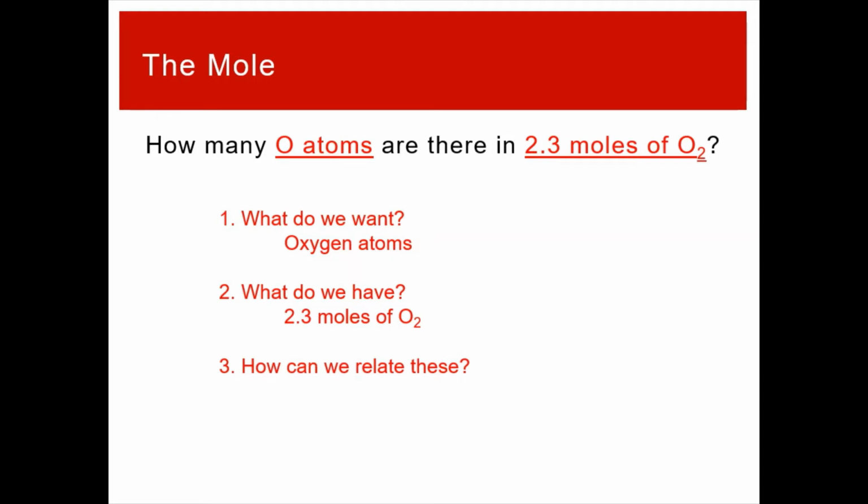The first thing we can see is that there's a couple differences. We always want to be looking at what are the differences. Oxygen atoms have the formula O, just single O, and we have the information in O2 molecules. So one difference, subtle, is that we are counting different things: in one case, oxygen atoms, and in the other, oxygen molecules.